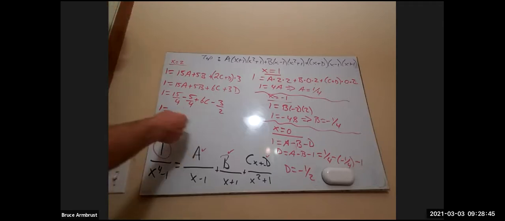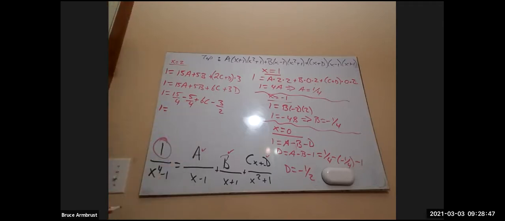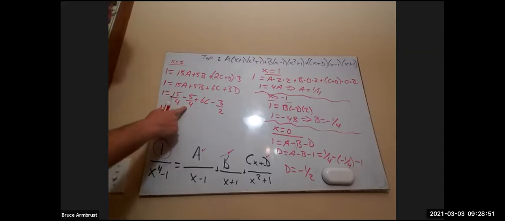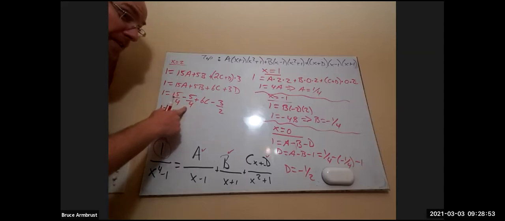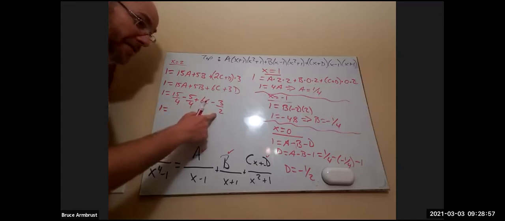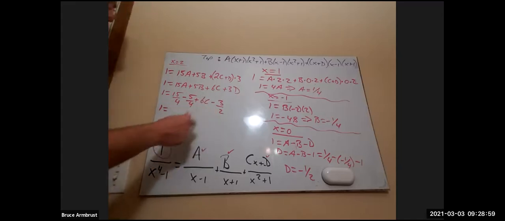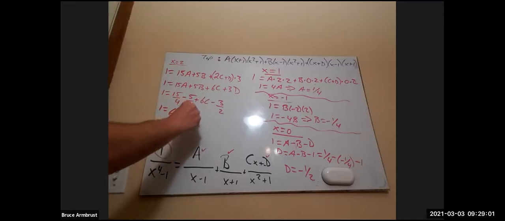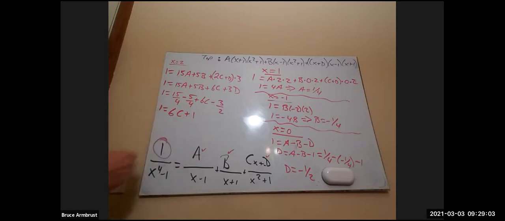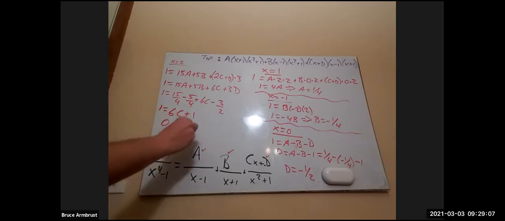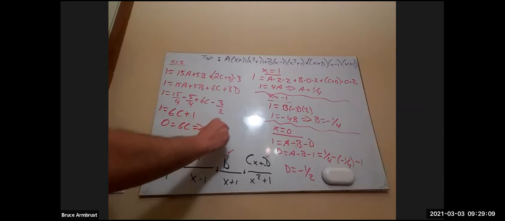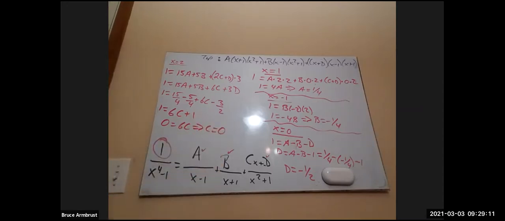All right, so let's simplify this sucker. 15 fourths minus 5 fourths is 10 fourths, also known as 5 halves. 5 halves minus 3 halves is 2 halves, also known as 1. So 1 equals 6C plus 1, which tells us that 6C equals 0, which gives us C equals 0.